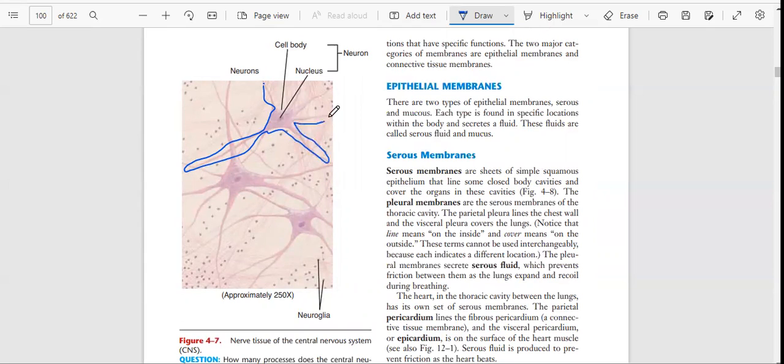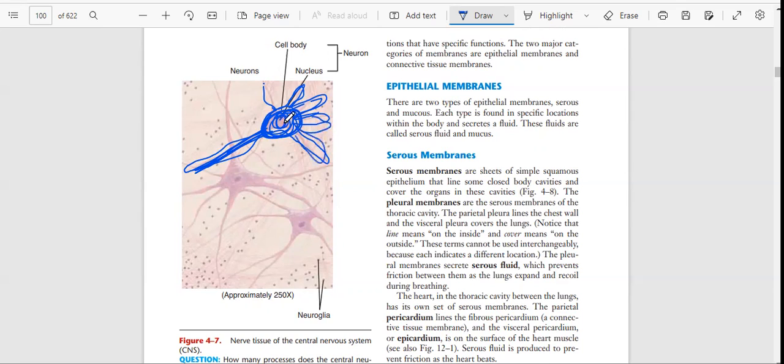In it, this is the cell body, and the tail part is called the axon. This part is called the cell body, and these are called dendrites.